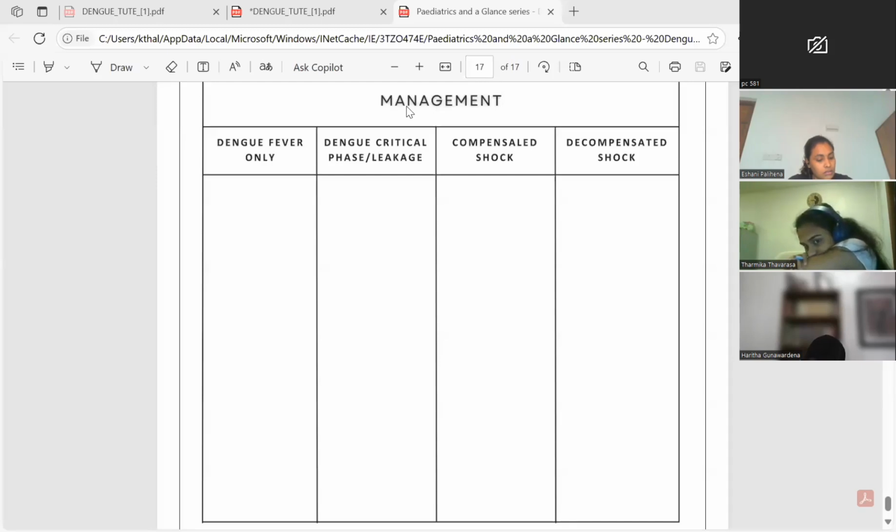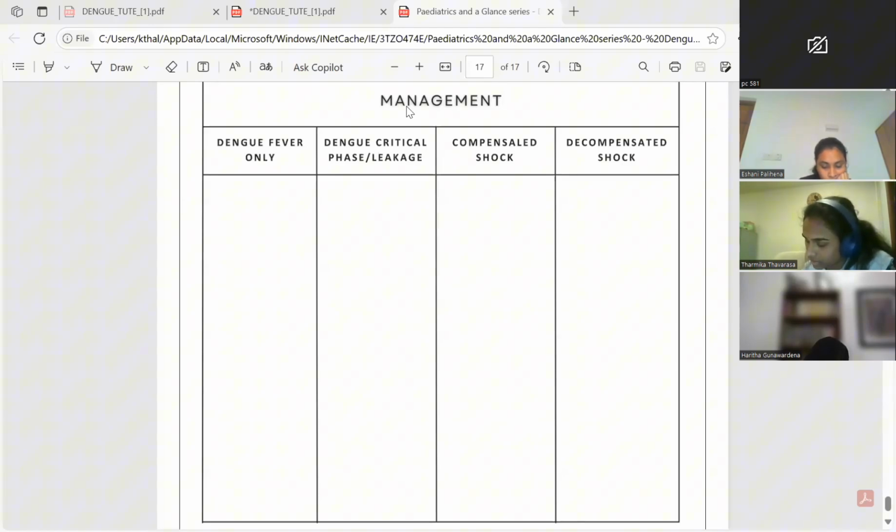So dengue critical phase management, ලියමු මොකක්ද පුතා? Fluid quota, that is maintenance plus 5% deficit over 48 hours, right? Then monitor blood pressure, pulse rate, respiratory rate, urine output hourly.